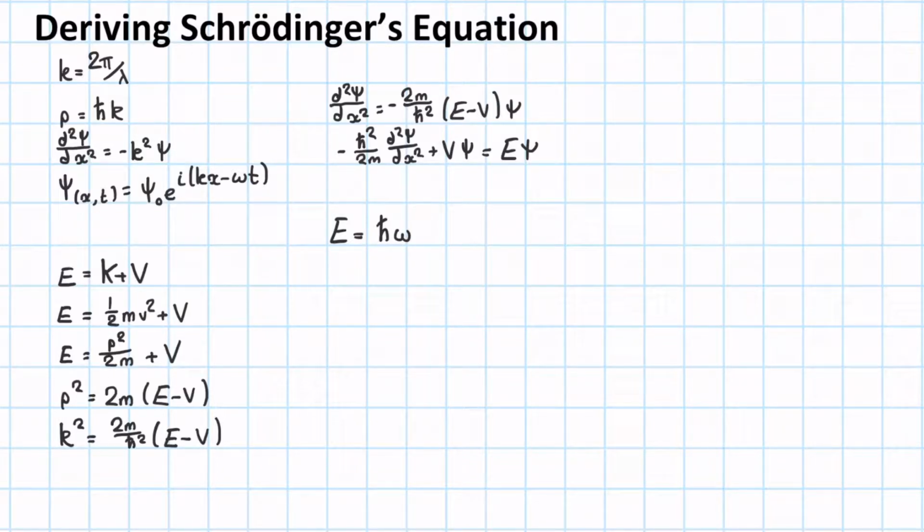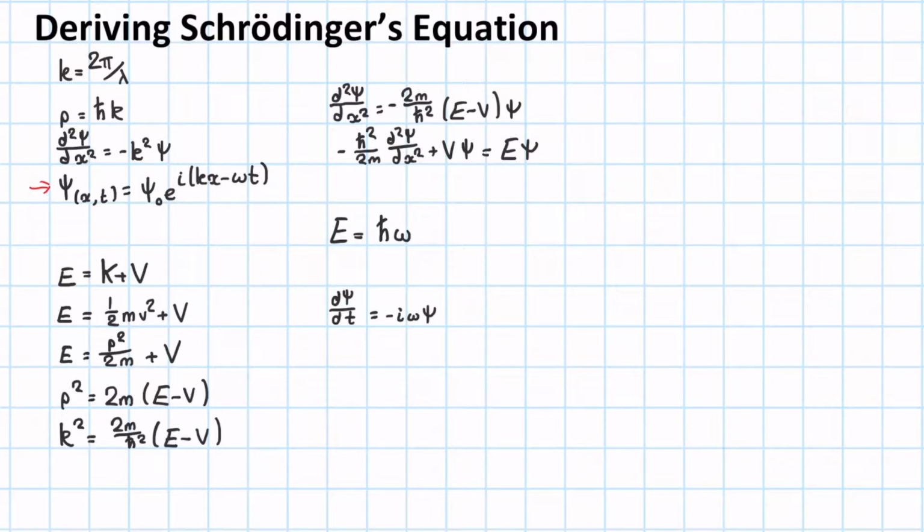Now this is just using the Planck relationship, that E equals hf. Thus, for a plane wave, whose equation is of this form here, we can say that d phi by dt, or the rate of change of the wave function with respect to time, is equal to minus i omega phi.